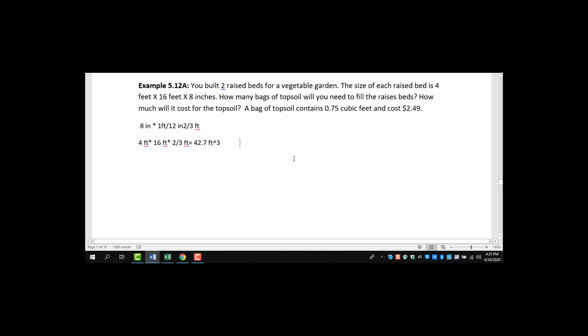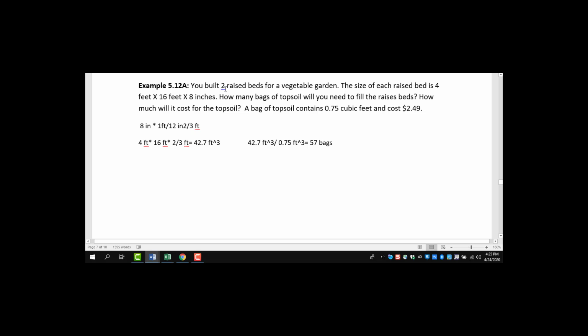This is just a division problem to find out how many bags I need. 42.7 cubic feet divided by 0.75 feet cubed, and I get just about 57 bags of topsoil.